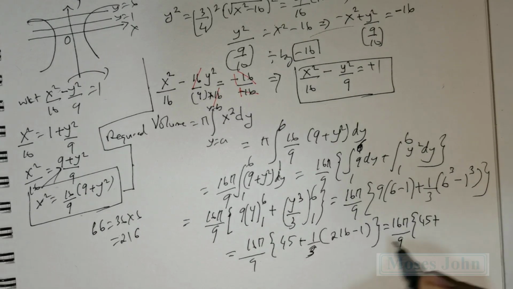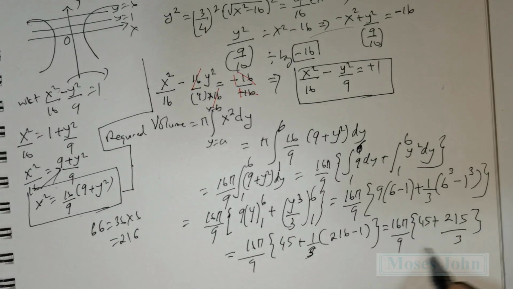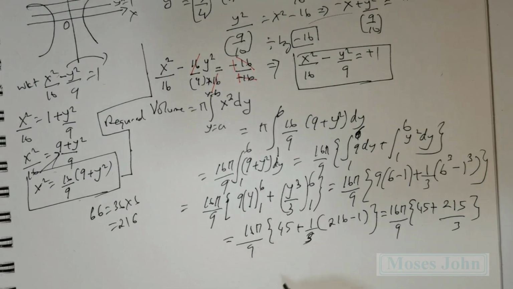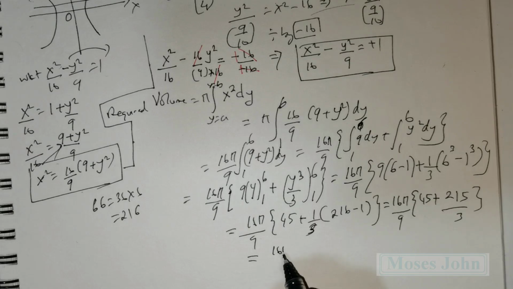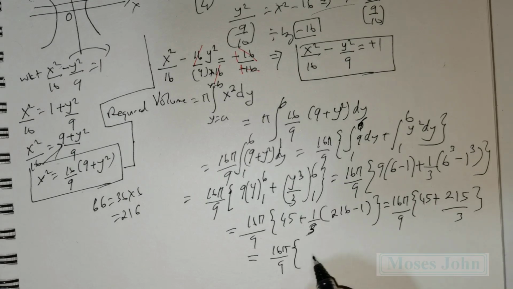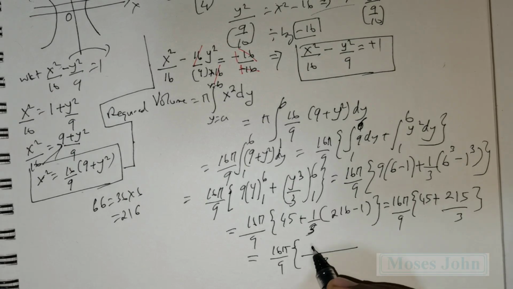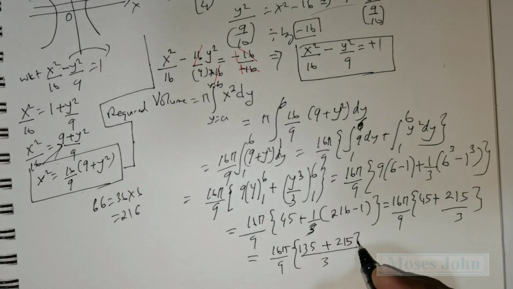This is equal to 16 pi divided by 9 times 45 plus 215 divided by 3. I take 3 as the LCM, so that is going to be 16 pi divided by 9 times, 45 times 3 is 135, added with 215.